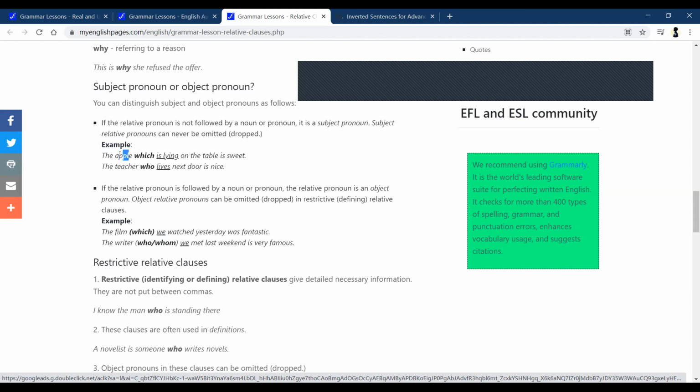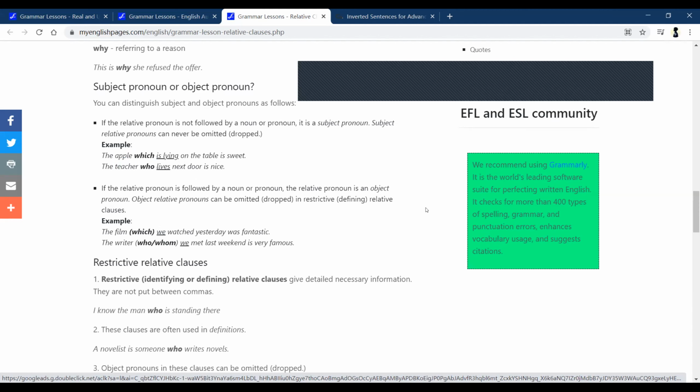But if it's an object, not a living thing, you use which. And also, in some situations, you can just omit the which or that or whom.